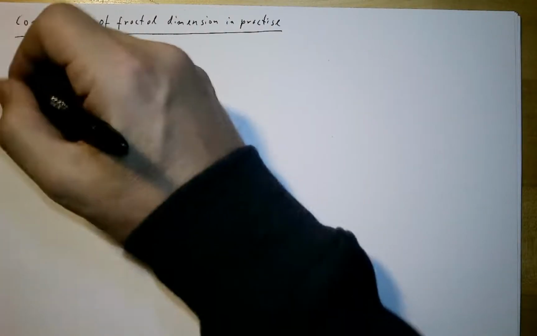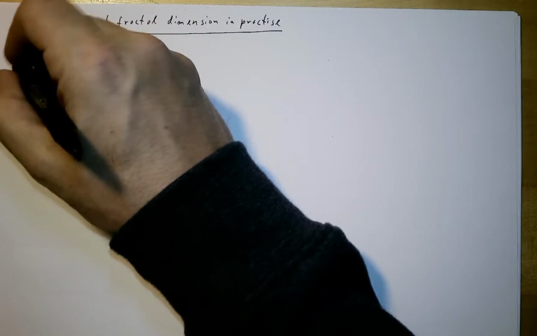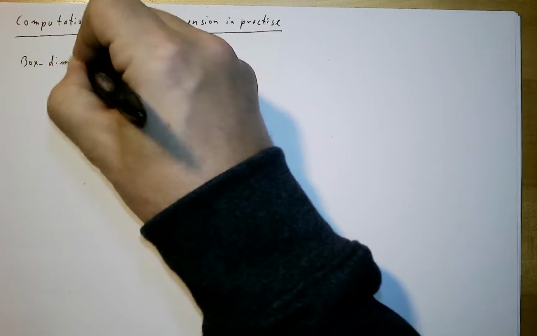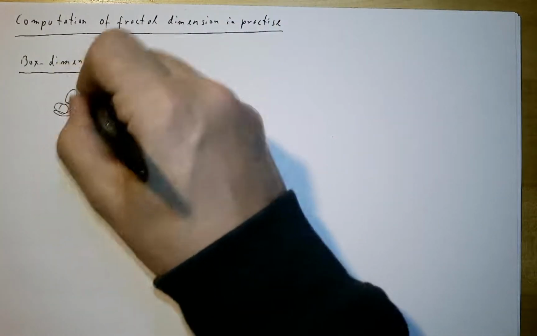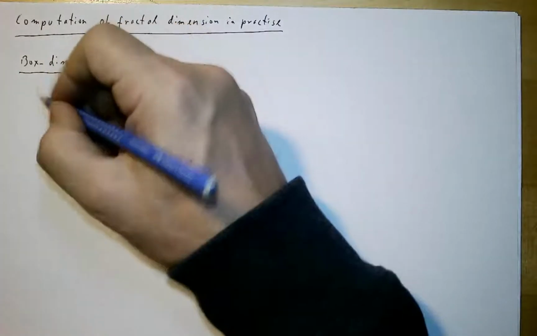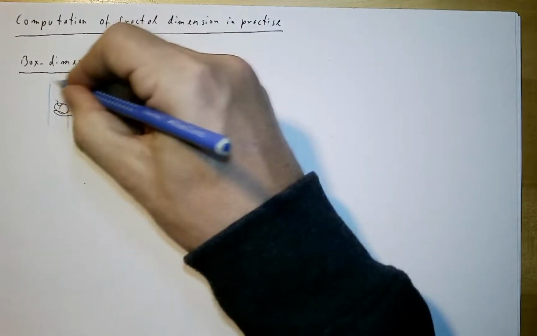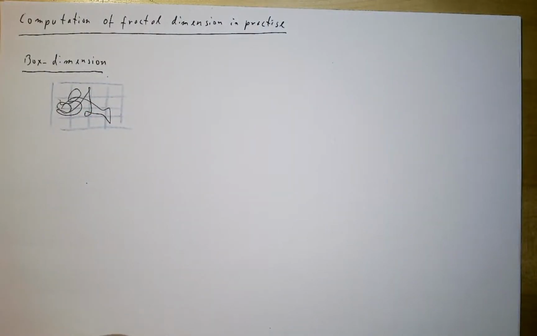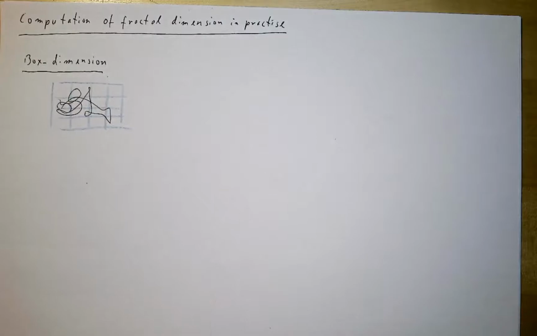So let's first repeat the way we defined the fractal dimension so far. This is usually called the box dimension. Let's say we have here a fractal. That's the object we are interested in. And now we want to obtain the fractal dimension. So we put in here our lattice with a certain scale, so then we have small boxes of smaller scale, and we see how many boxes are hit.